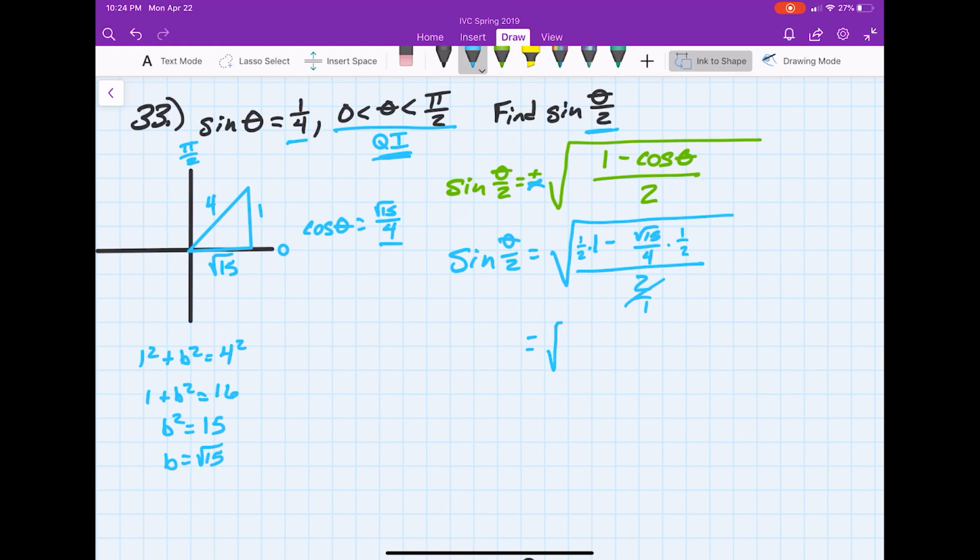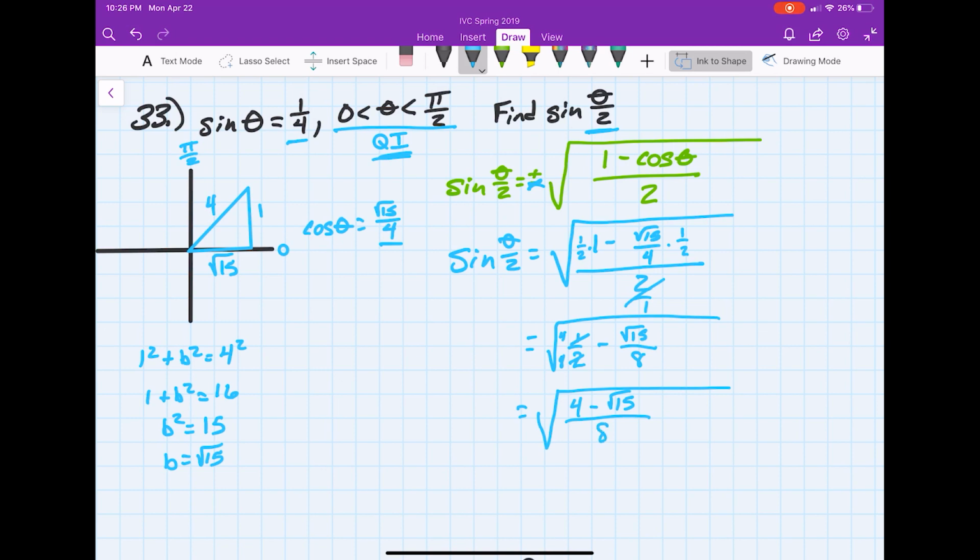So that brings us down to 1/2 minus square root of 15 over 8. So now we need to get like denominators here, and the way we would do that is this would become 4 over 8. So now we can rewrite this to look like this. So we got 4 minus the square root of 15 all over 8.